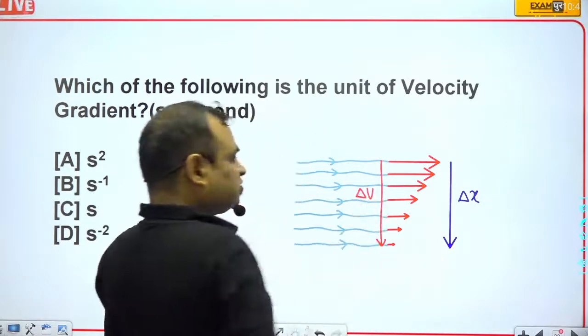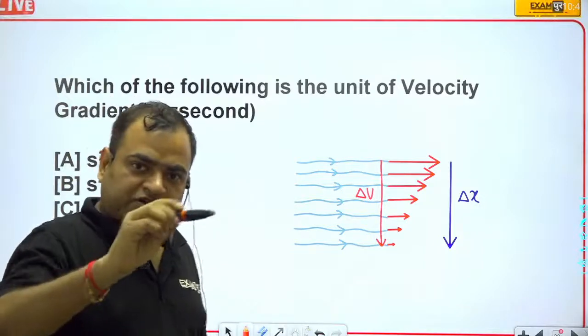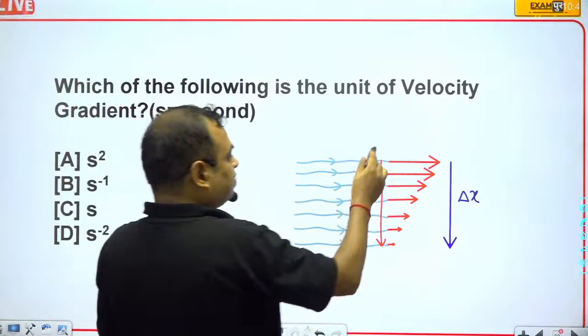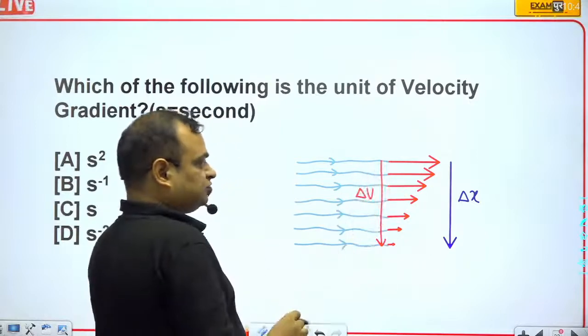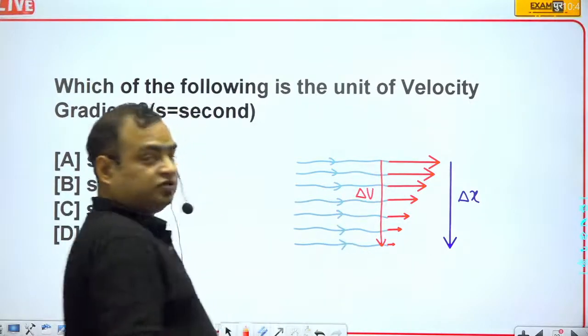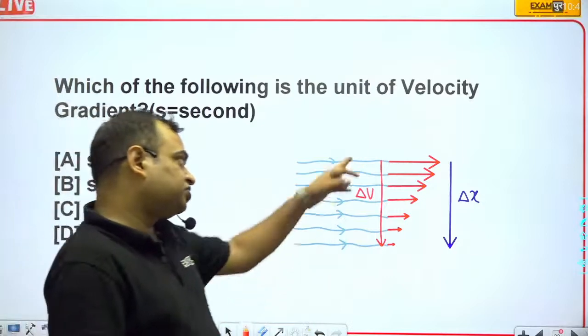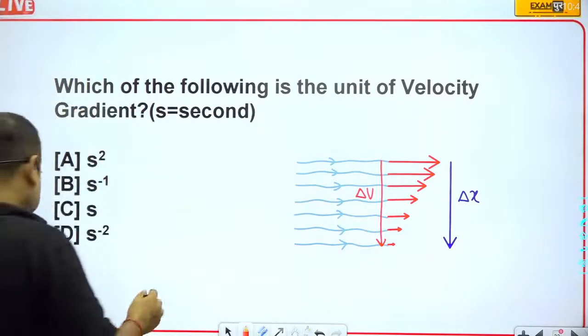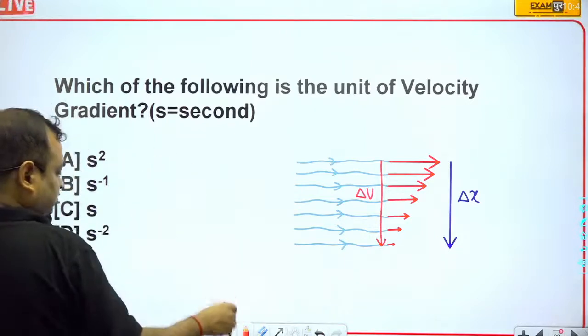So it is the change in velocity per meter, or per unit of depth. You can see that the velocity keeps on changing as the depth is increasing.